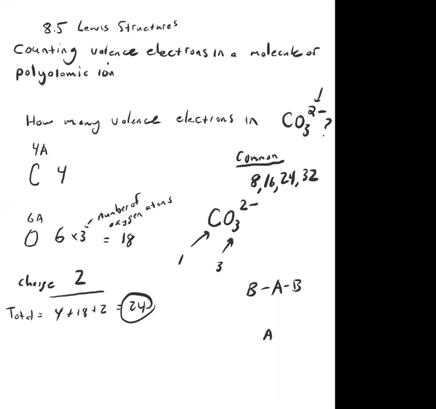Same thing if you have 3. Same thing if you have 4. This is just a very common way that molecules form. So if we look at carbonate, CO3 -2, the one that's only 1 atom, we're going to put that at the center. So the carbon will be at the center, and then it's going to have 3 oxygens around it.